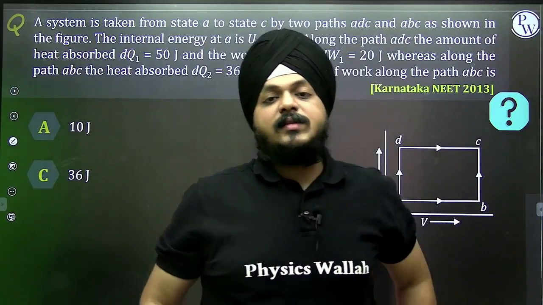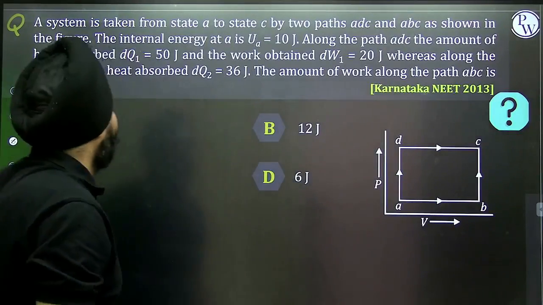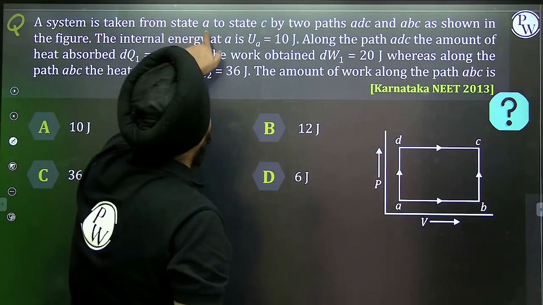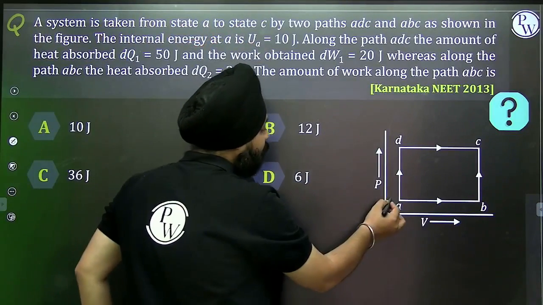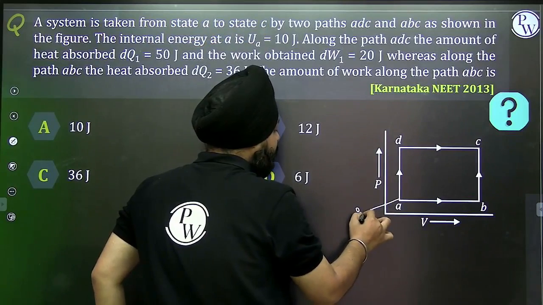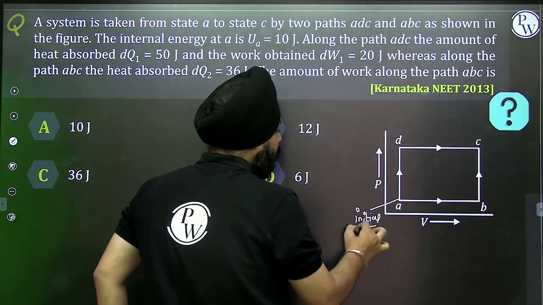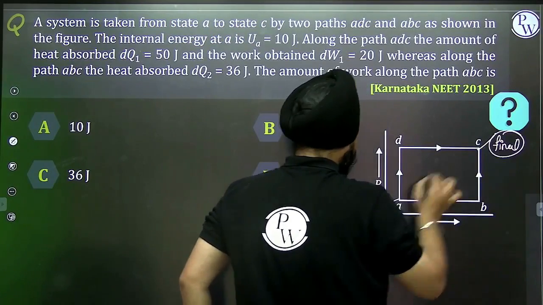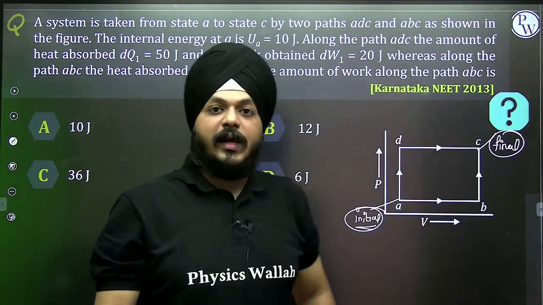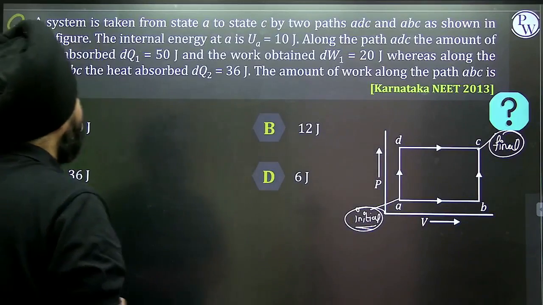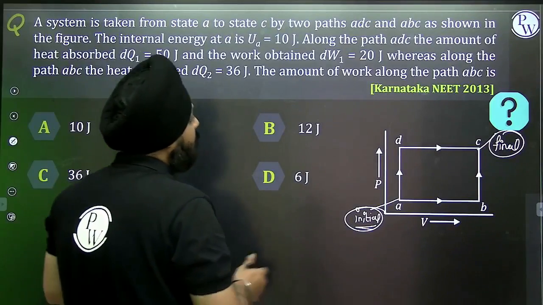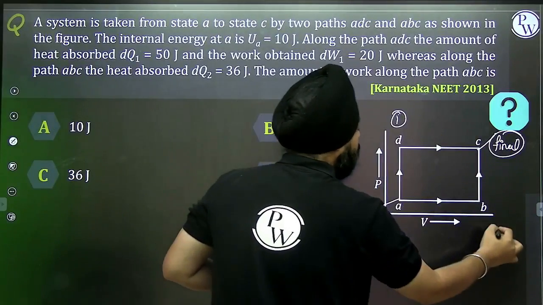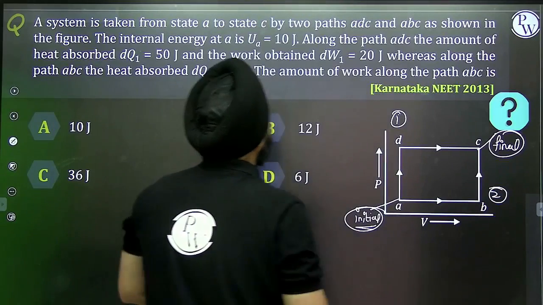A system is taken from A to C. A is the initial state, C is the final state. There are two paths: this is path 1, this is path 2.